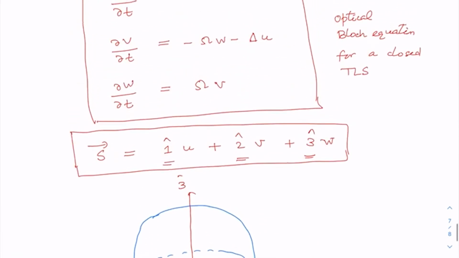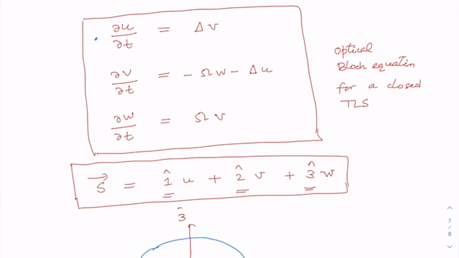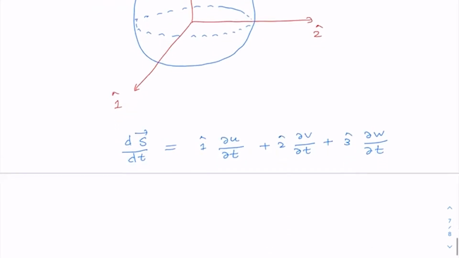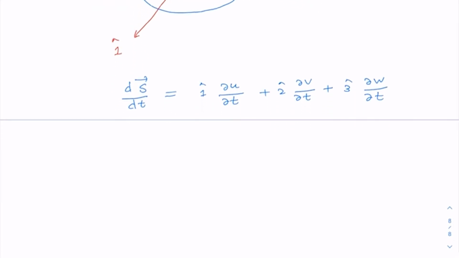And I encourage you to put these equations from here, del u del t, all these values you put there, then you will be able to show that this ds dt will be equal to 1 cap delta plus 3 cap omega v minus 2 cap omega w minus 2 cap delta u. So this is what you will get.